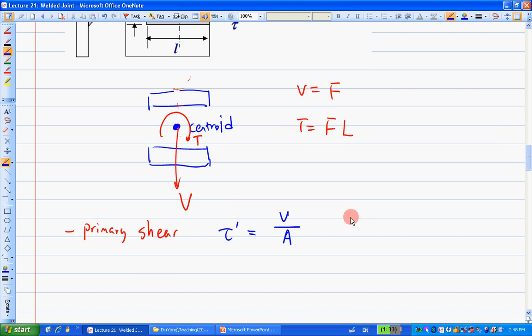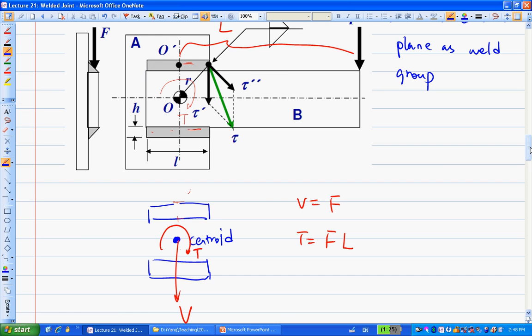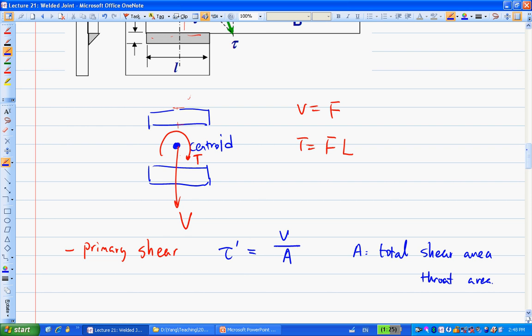The A here is the total shear area, or basically the total throat area, and V is F. So it doesn't matter where, here or here, it's the same. The tau prime is the same thing.